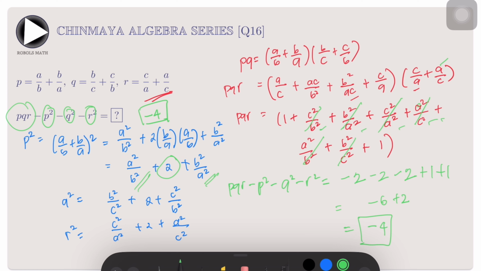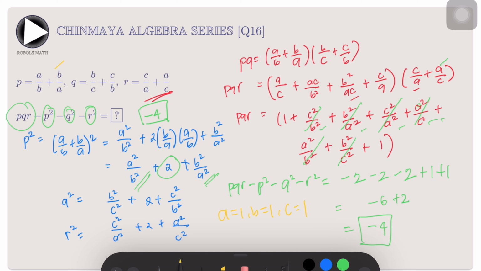Of course, the solutions for P, Q, and R are likely in terms of A, B, and C. So when we say invariant, it means that the answer is the same regardless of which values of A, B, and C we choose. So if that's the assumption, we can actually assume here A equals 1, B equals 1, and C equals 1.